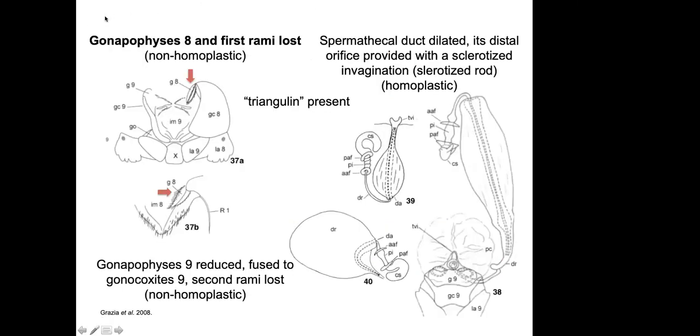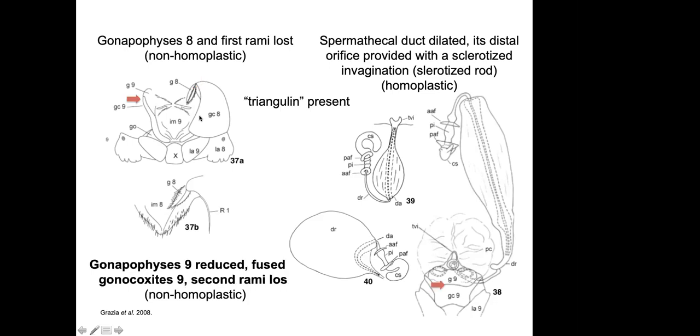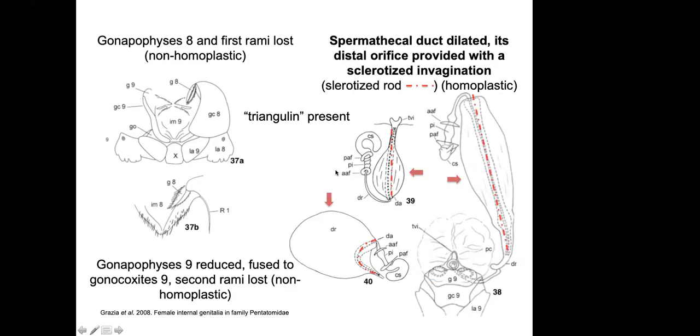The family is characterized by having a set of synapomorphies like the gonapophysis 8 and the first ramus, the presence of triangulin, the gonapophysis 9 reduced, fused to the gonocoxite 9 with the second ramus, and finally the spermathecal duct is dilated and its distal orifice is provided with a sclerotized rod within its side.